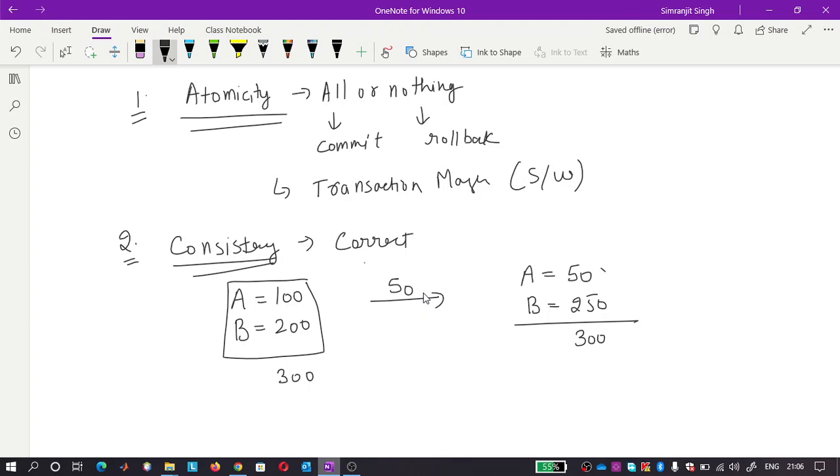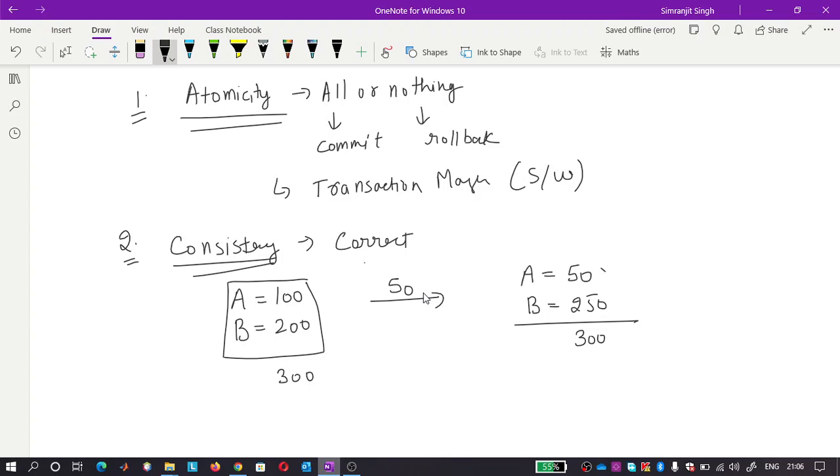This is referred to as consistency. If you're transferring 50 rupees, it has to be transferred to another person, and the total sum of the whole transaction should be the same as it was before. This is referred to as consistency of the transactional state.